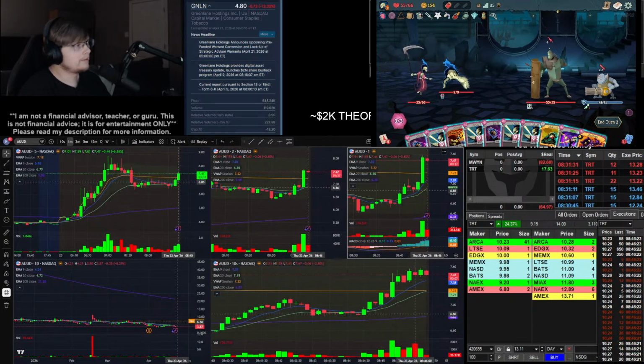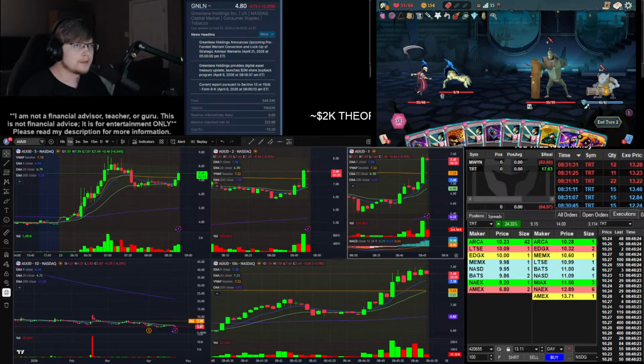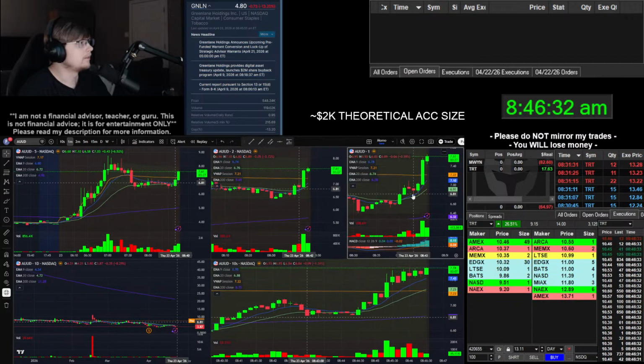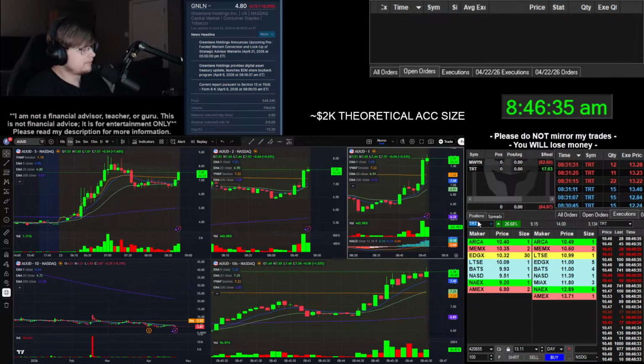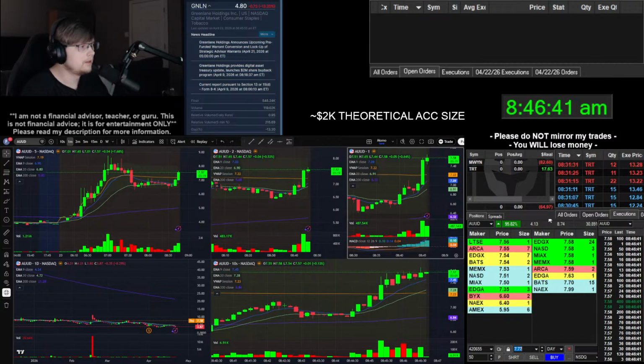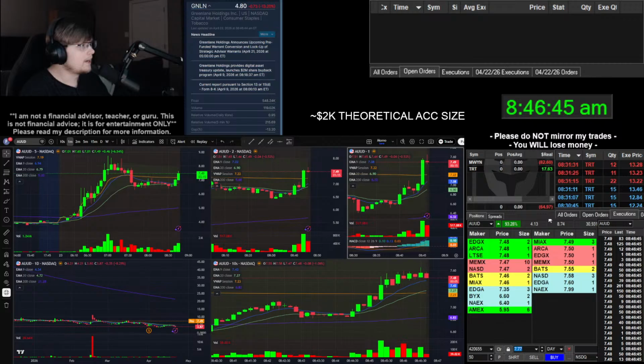I don't know. This is a VWAP setup, a retest of VWAP setup. I'll consider it here. It is our leading gainer, up 93%. There's nothing else moving. So we'll see what happens here.